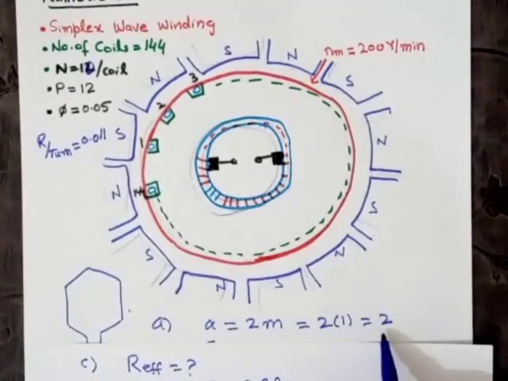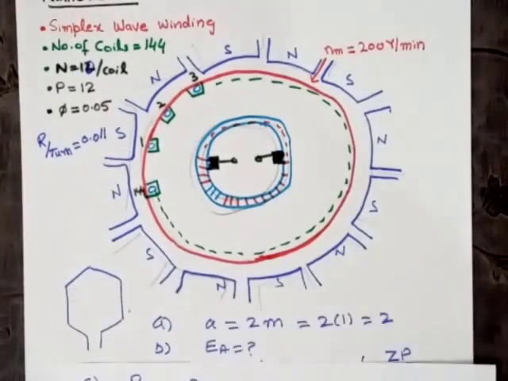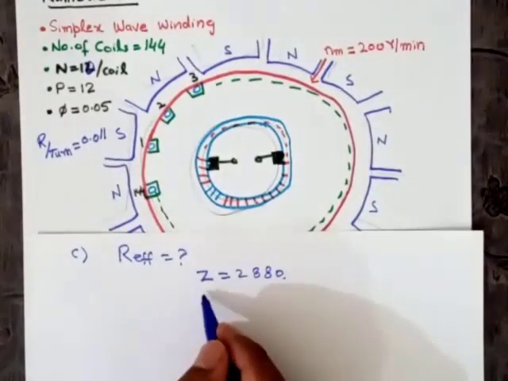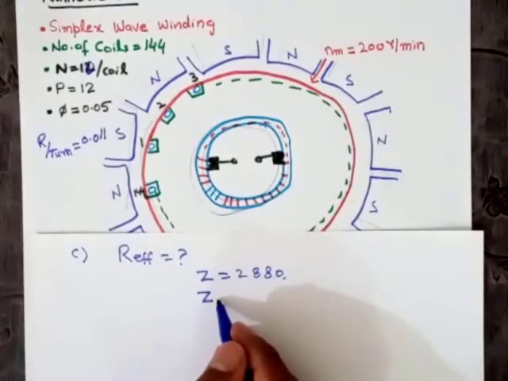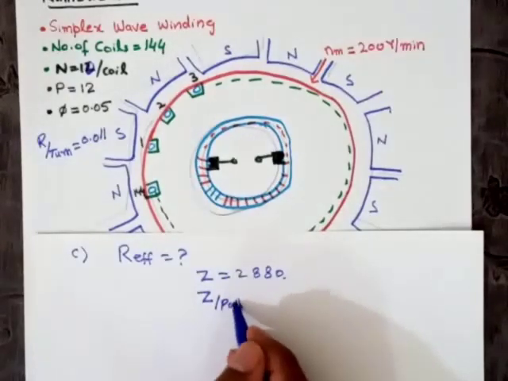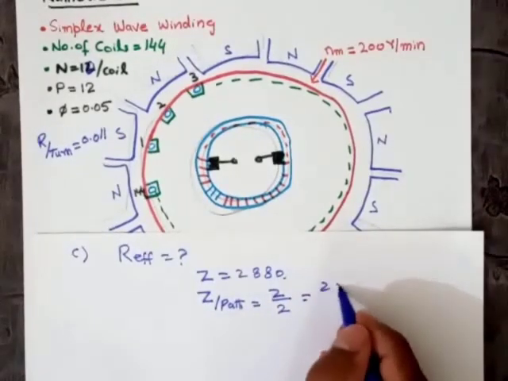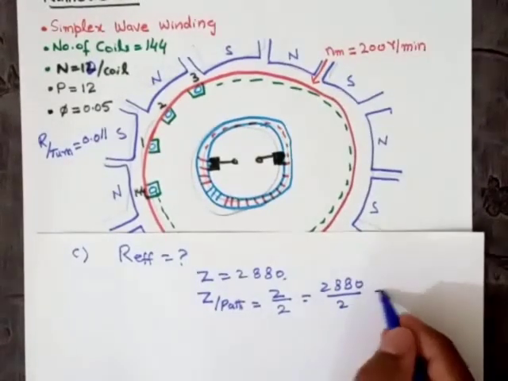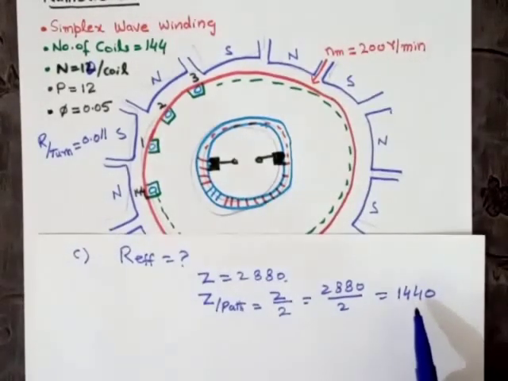The number of conductors in a single path will be Z divided by the total number of parallel paths, 2. That is, 2880 divided by 2 is equal to 1440. The total number of conductors across a single path is 1440.